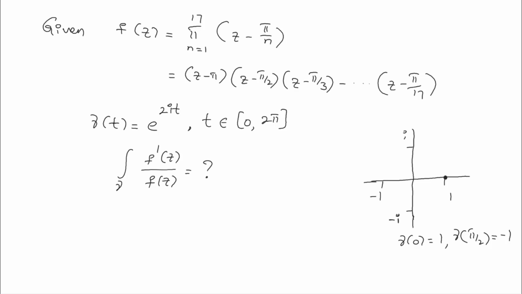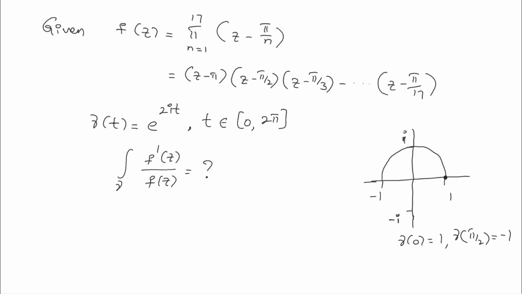That means this point. So we are getting gamma of 0 equal to 1, gamma of pi by 4 equal to I, and gamma of pi by 2 equal to minus 1. That means the curve gamma travels in this direction up to the point pi by 2.